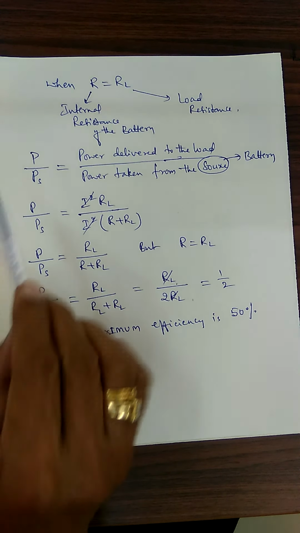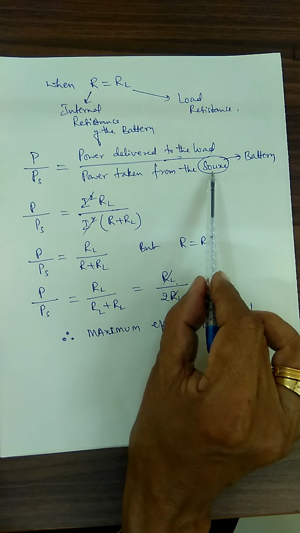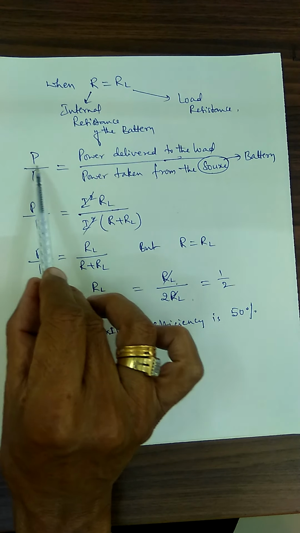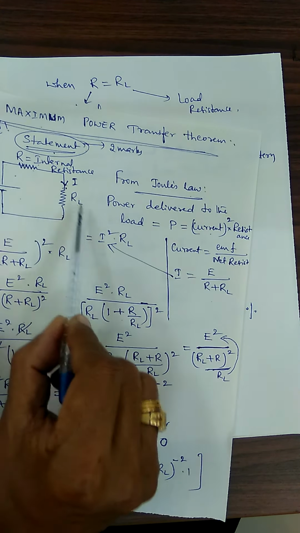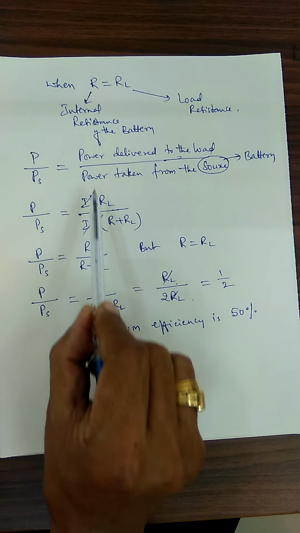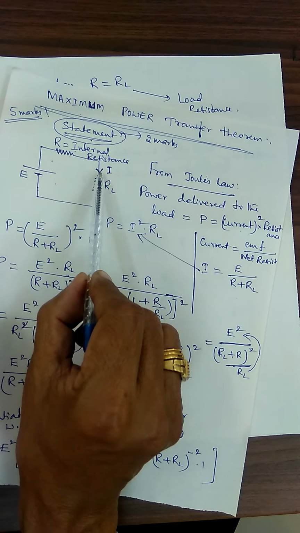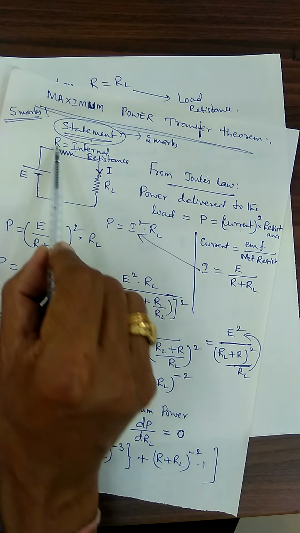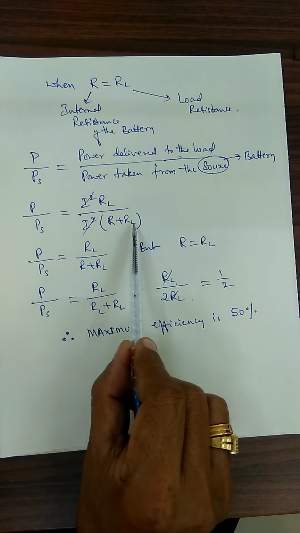Okay. P means power delivered to the load. PS means power taken from the source. Power delivered to the load is I square into RL. Power taken from the source is I square into total resistance, R plus RL.